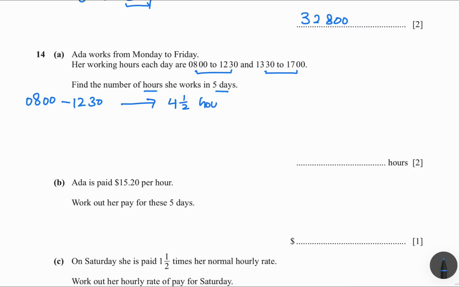And then 13:30 to 17, this is 3.5 hours. So the total in a day is 4.5 plus 3.5, which is 8. Then 5 times 8, so this is going to be 40 hours, right?